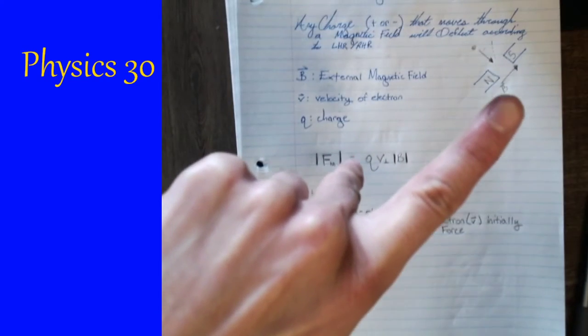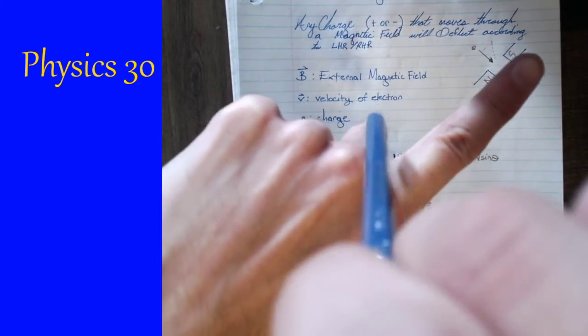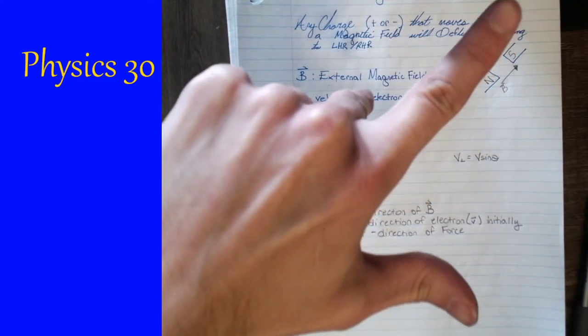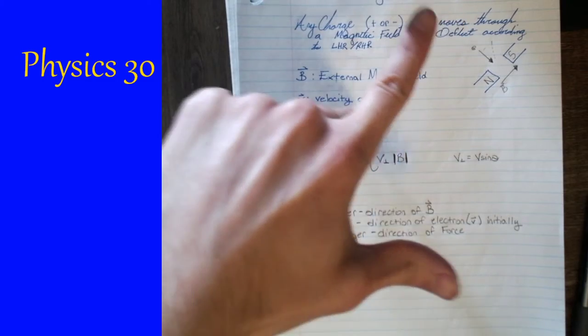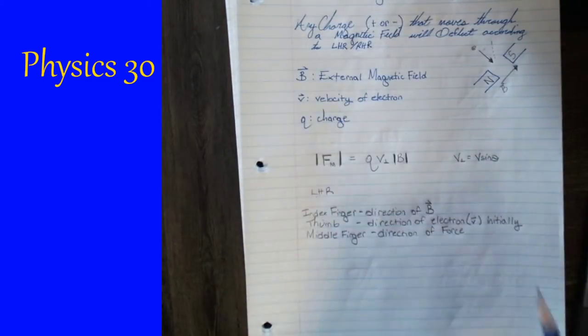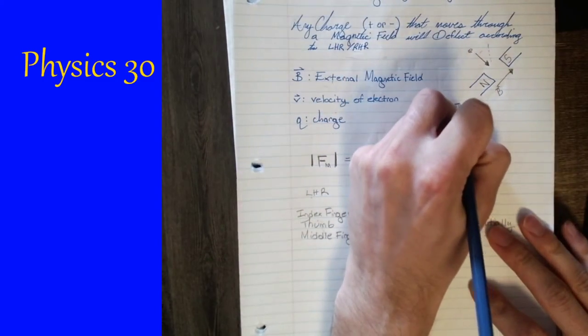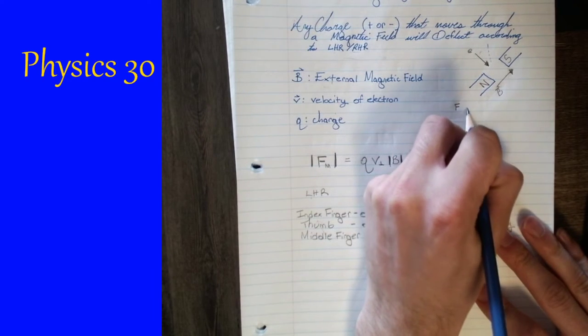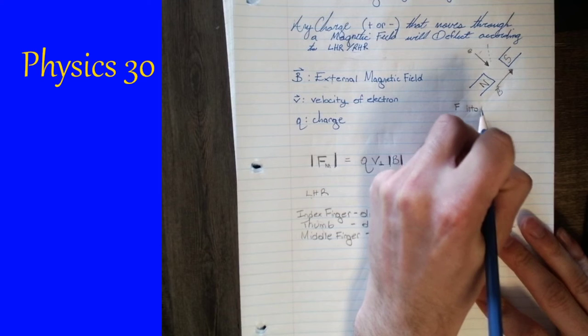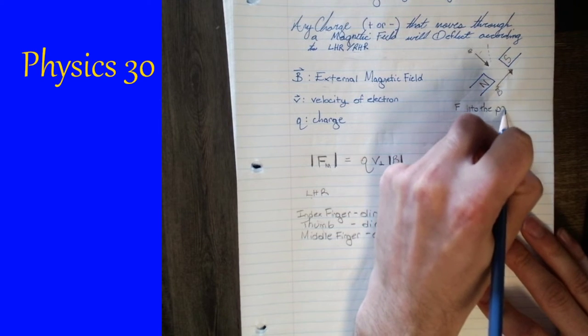The deflecting force here is kind of downwards in a way. It looks like it's going into the page. And so actually that's what we say is the force here, the direction of the force, is into the page. Deflecting force is into the page.